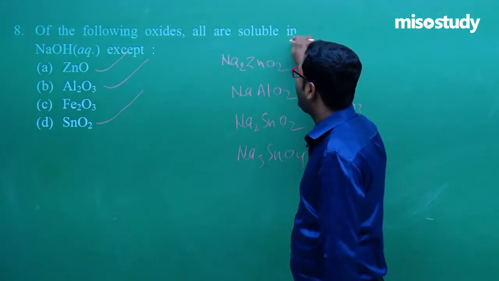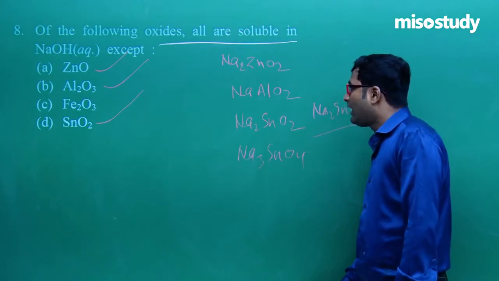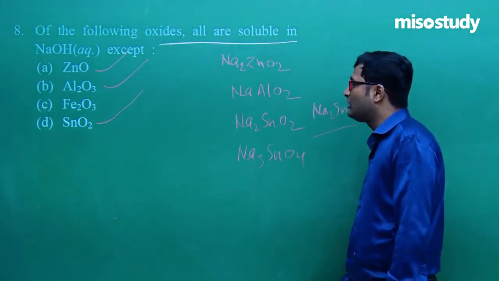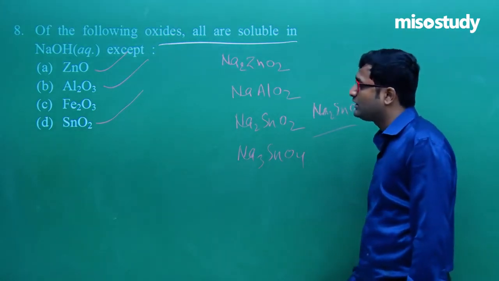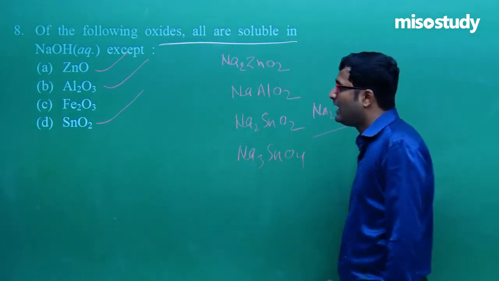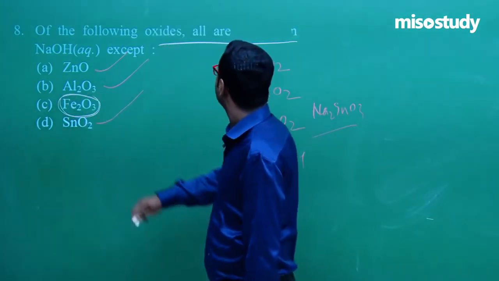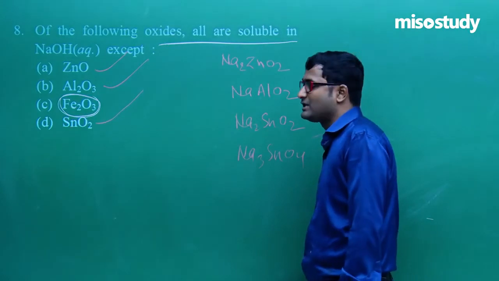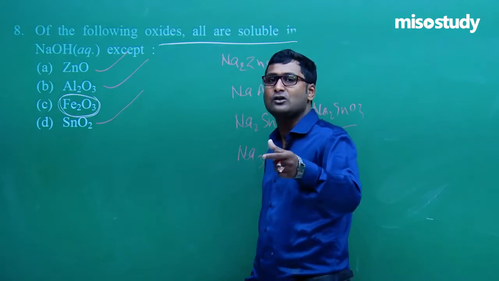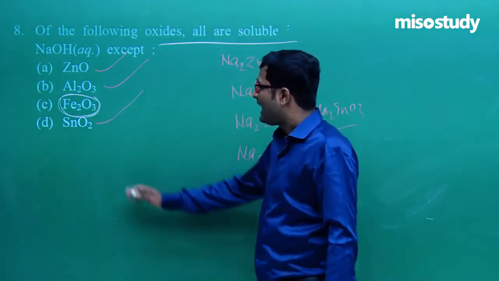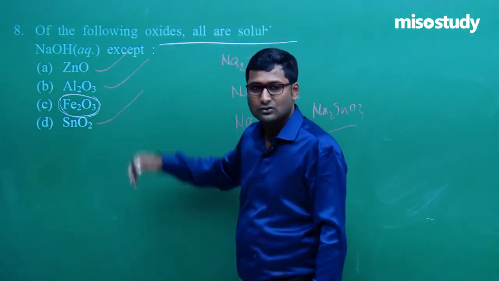But all are soluble in aqueous NaOH: ZnO is soluble, Al2O3 soluble, SnO2 also soluble, but Fe2O3 does not react with NaOH. Metal oxides are basic in nature, slightly basic. Iron is a metal oxide, so base and base do not combine.